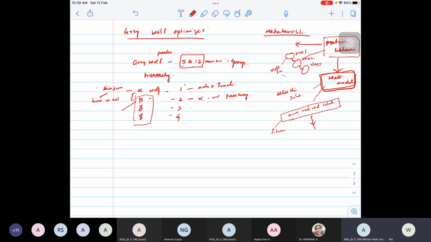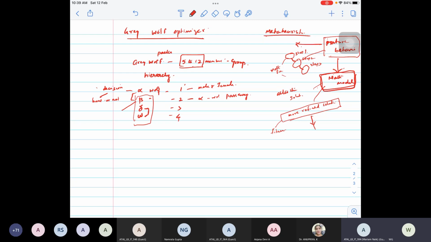Now you have the delta wolves. These are not alpha or beta wolves; they are subordinate wolves, but they dominate the omega wolves.